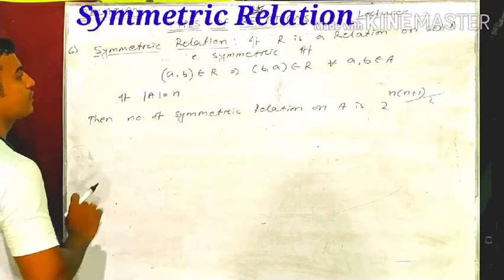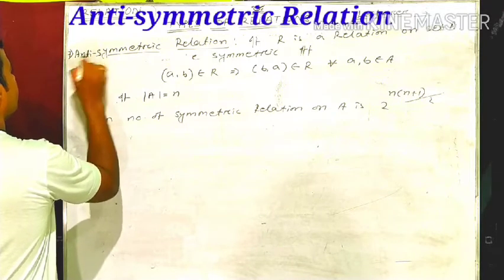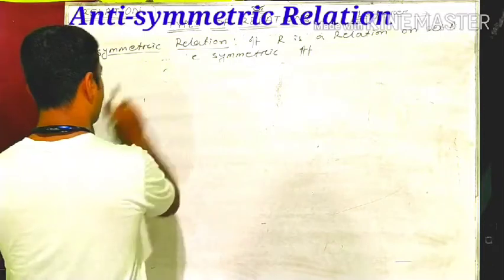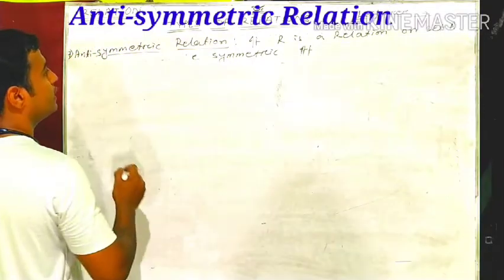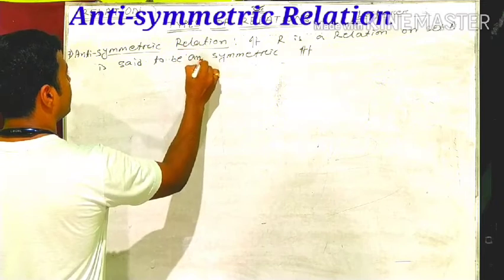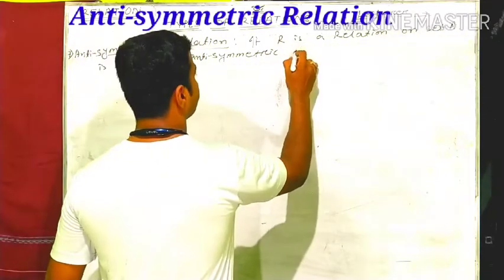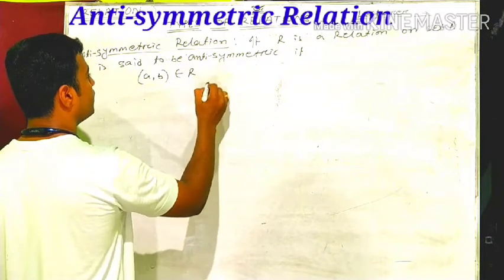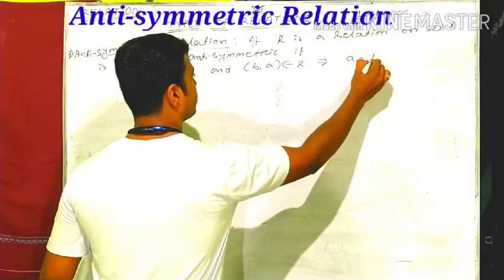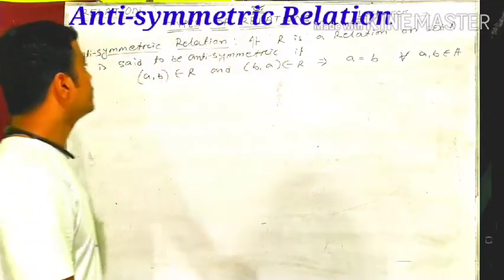Now you know the symmetric relation. Next, the anti-symmetric relation. A relation R on a set is said to be anti-symmetric if and only if (a,b) belongs to R and (b,a) belongs to R implies a equals b, for all a, b belonging to A. This relation is called an anti-symmetric relation.